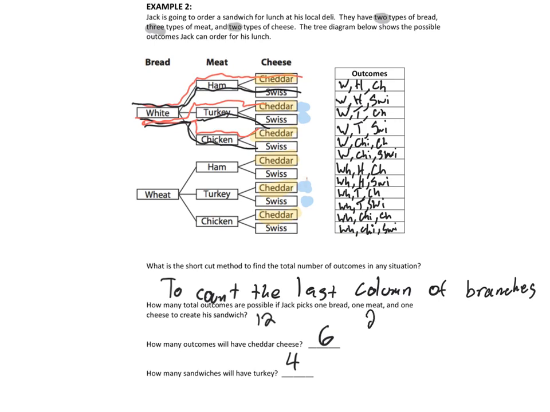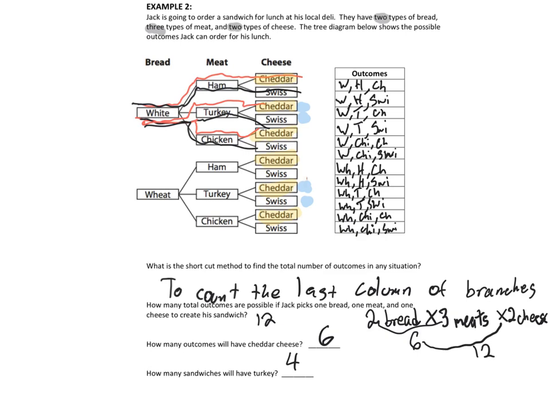So we have 2 bread times the 3 different meats times the 2 cheese. So when we multiply 2 times 3, we get 6. And then 6 times 2 would give us 12, which is what we got here.